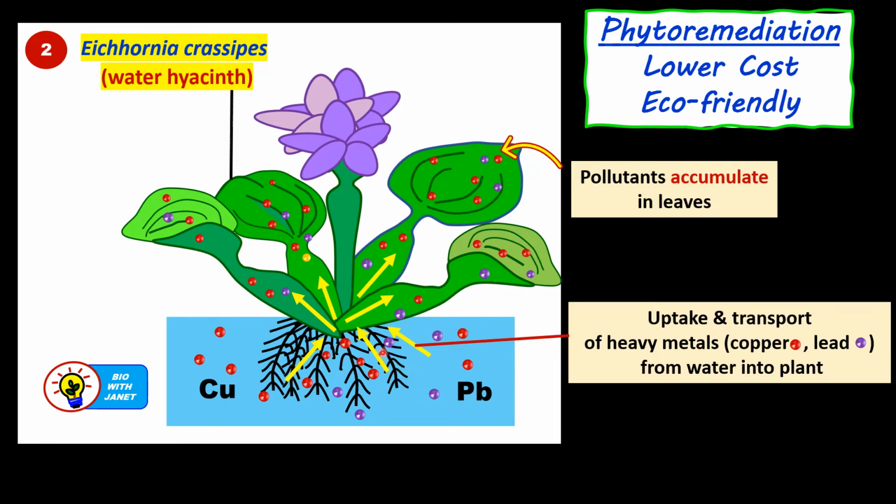The roots will also take in these copper and lead ions, and also the plant body, right? After that, the plant can be disposed of, or these heavy metals can be extracted and recycled for other uses.